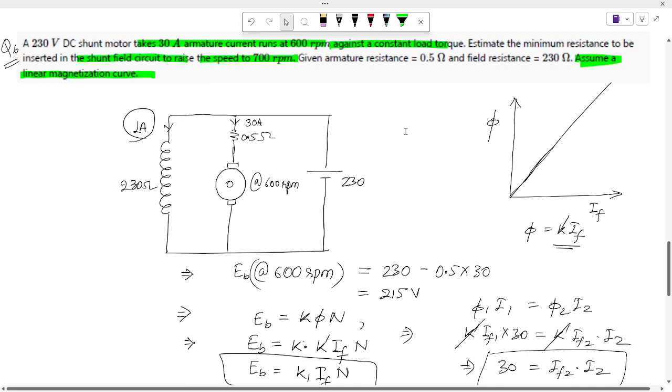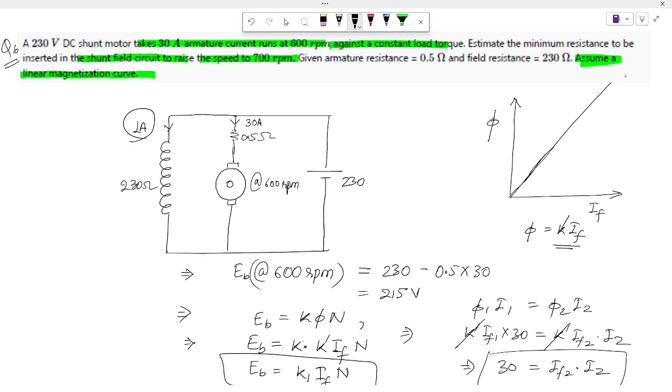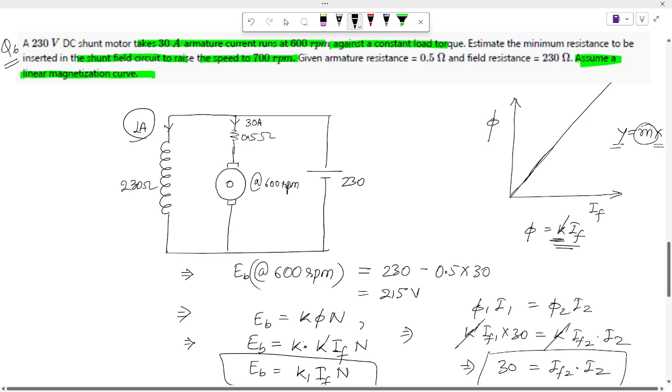What they have given, they told us to assume a linear magnetization curve. That means when IF is changing, phi is changing linearly, like y equals mx, so y and x are related linearly through a fixed constant of proportionality.